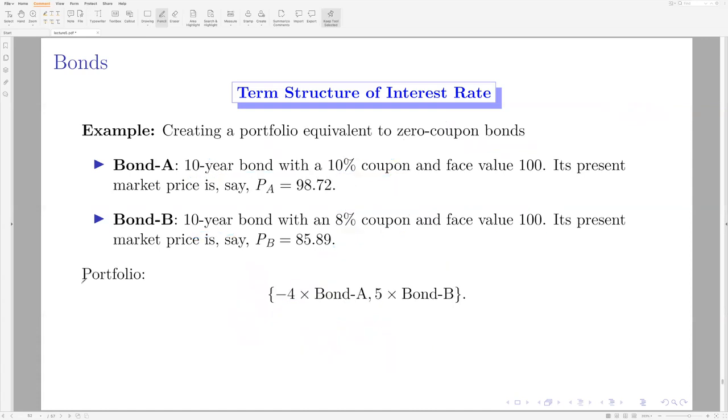So our portfolio, therefore, is 4 bonds in A category you shorted and 5 bonds in bond B you bought. So this together is now combined as one bond portfolio.